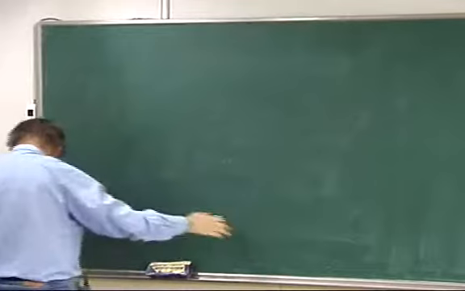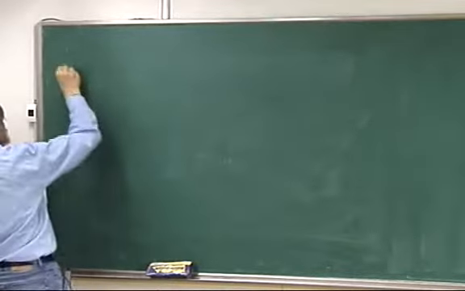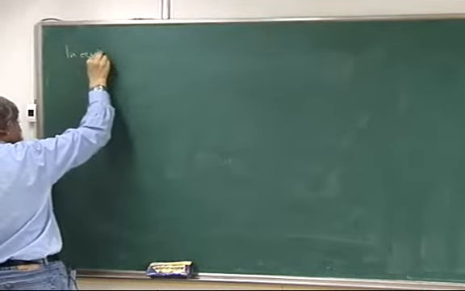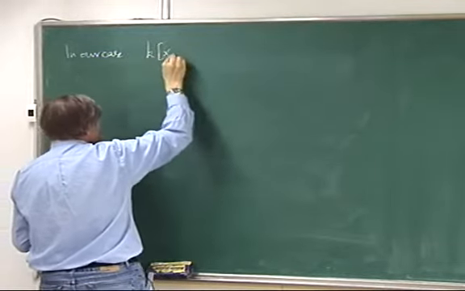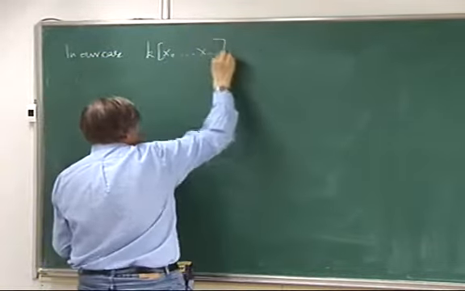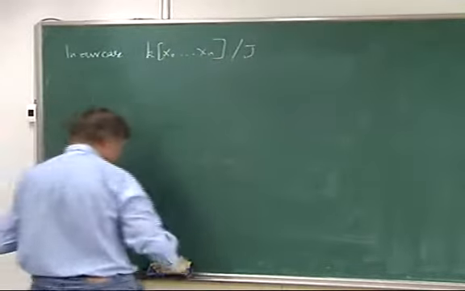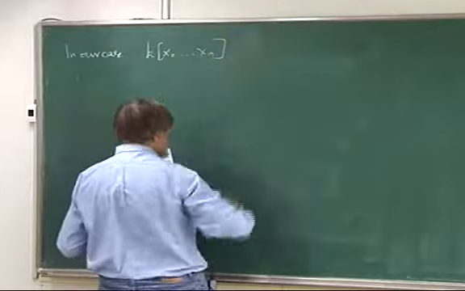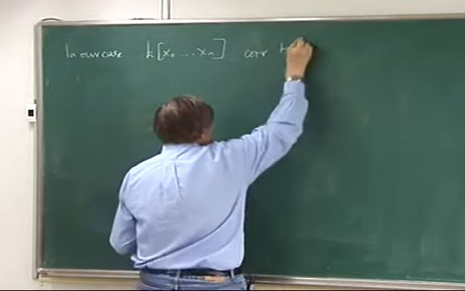I gave a very general definition over there. In our case, I have k of x0 up to xn, maybe divided out by some J, and let me just leave it at this, corresponding to Pn.